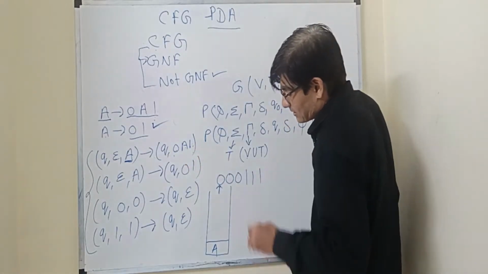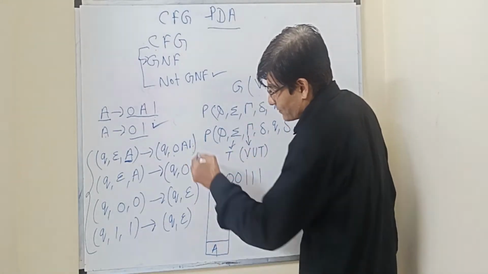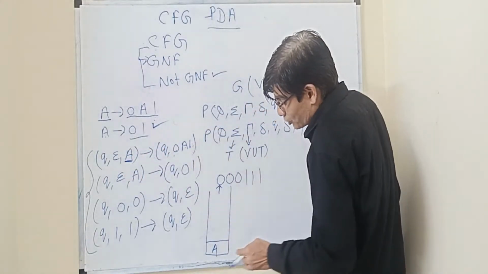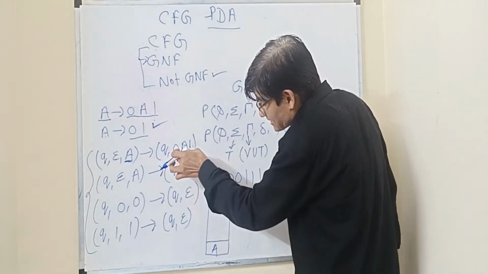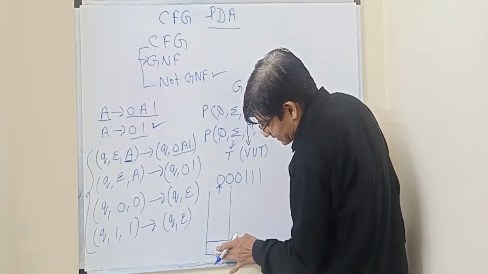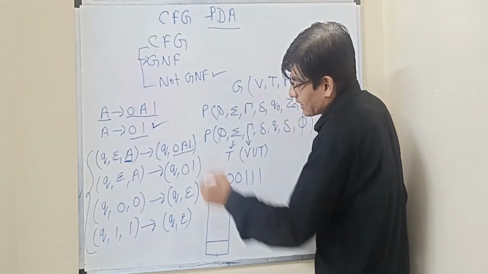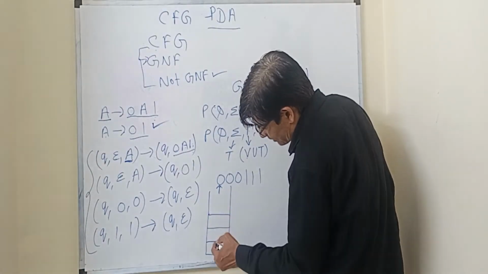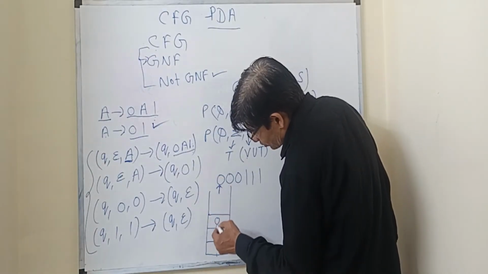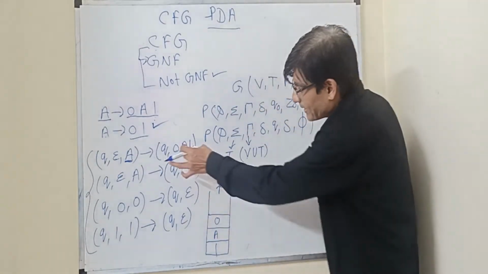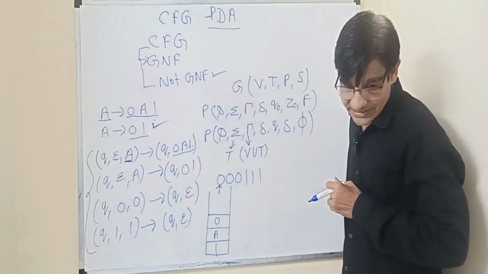As I have told you already, we are not repeating the current stack top in the right hand side, so before inserting this complete string, we need to remove the current stack top. So I am removing it. Now I am adding three different symbols here as 0A1. So this complete string I have pushed into the stack.